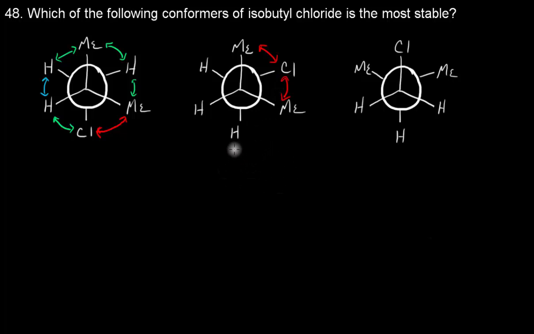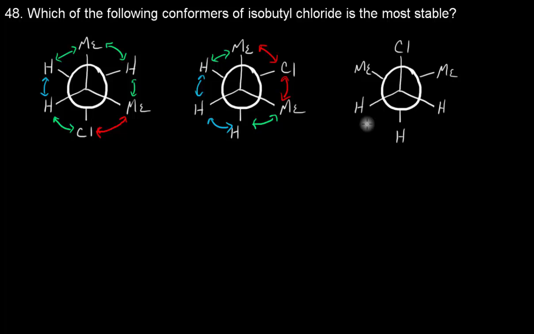And we're also going to have a few of these medium size gauche interactions between this hydrogen and methyl and this hydrogen and methyl right there. Okay, and then we finally have two not very intense gauche interactions between these hydrogens right here and these two hydrogens right there.